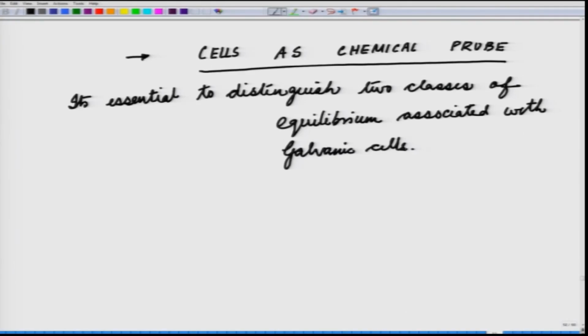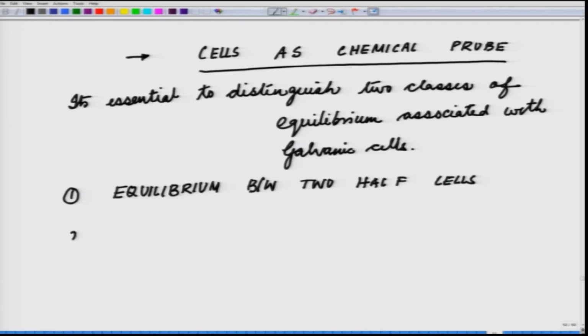Okay. So, what are those? The first one is equilibrium between two half cells. Point 1, and second one is equilibrium within each half cell.